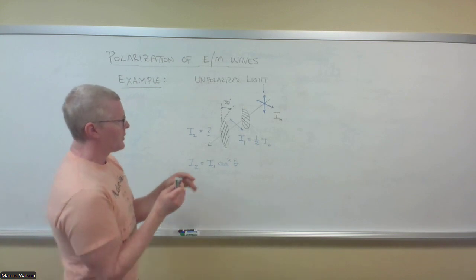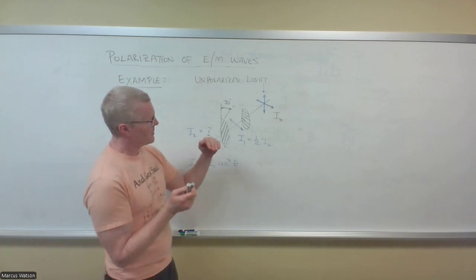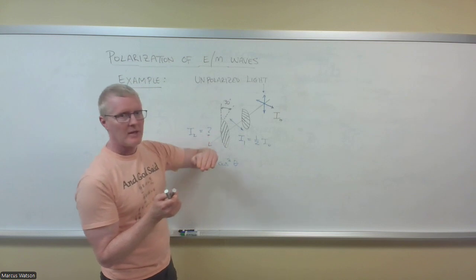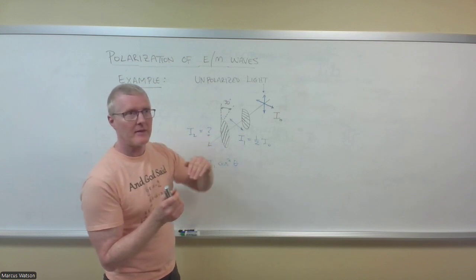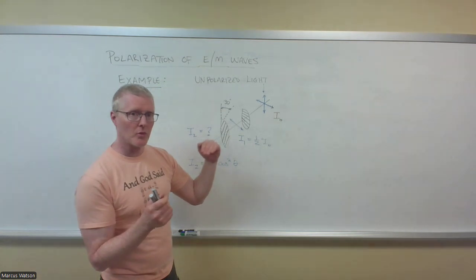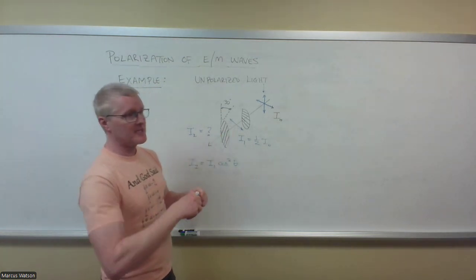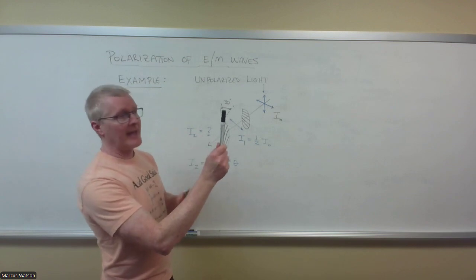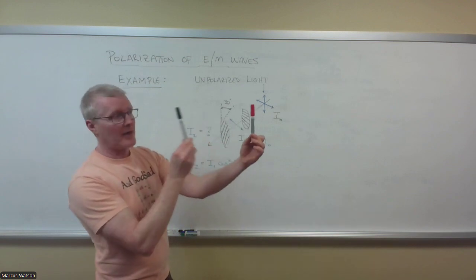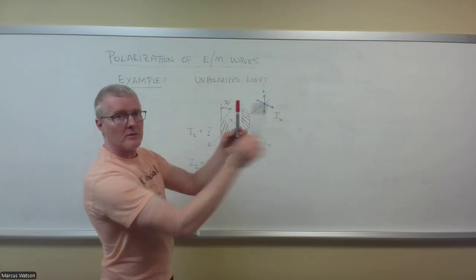Well, what we want to do is think about the angle with respect to the incoming polarized light. So if the incoming polarized light is, say, vertical, and I had a vertical filter, I want all the light to go through. Okay?